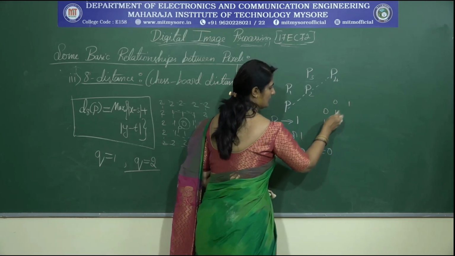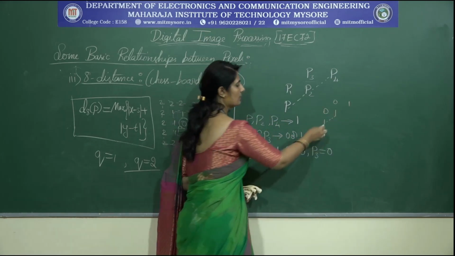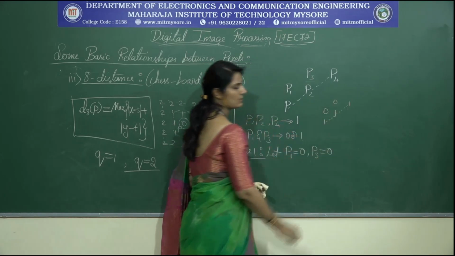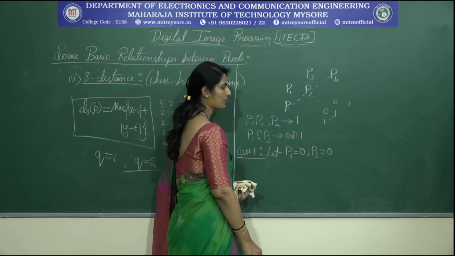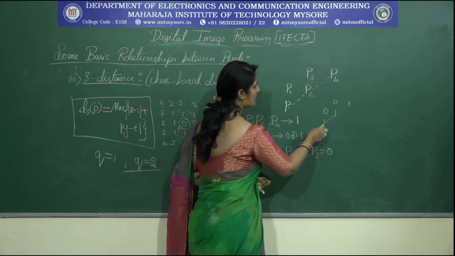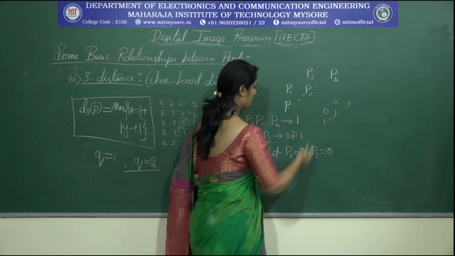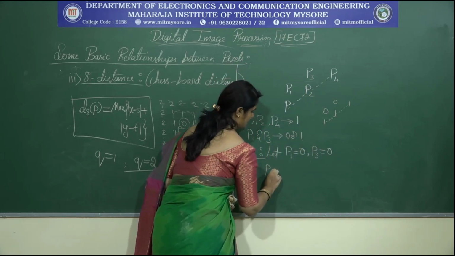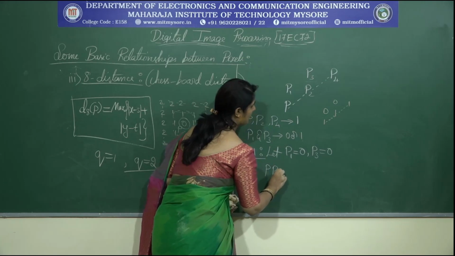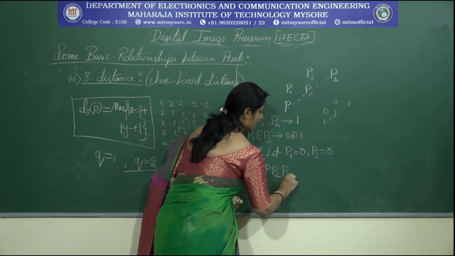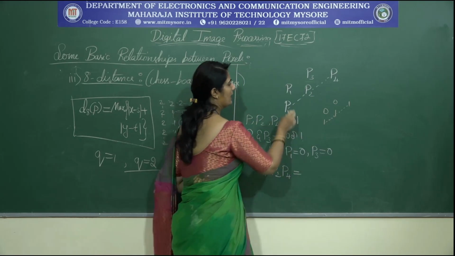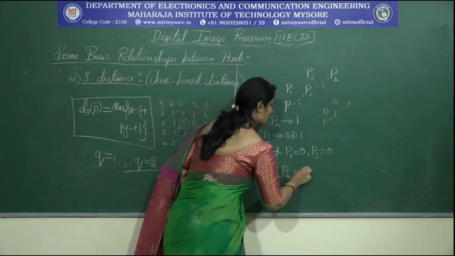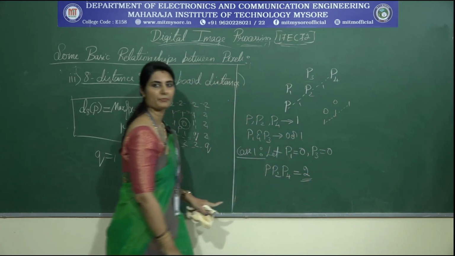So, the nearest diagonal neighbor, so this is the diagonal neighbor of pixel P. Okay. So, the shortest path is P, P2 and P4. So, this is the shortest path. And let the distance between each pixel be equal to 1, therefore the path is 2.